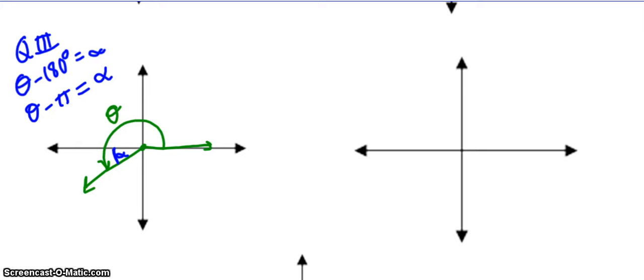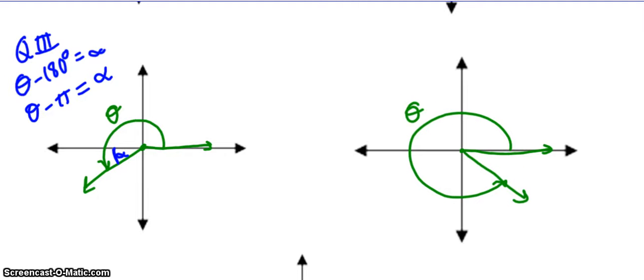And then if we are in the fourth quadrant, let's look at how this works. If I have some angle in the fourth quadrant, this is my theta, then here is my alpha. Now I want to point out, it almost makes it look as if alpha is a negative angle here. It is not. If we had a negative angle, then the positive angle would be the reference angle, because by definition a reference angle is a positive angle.